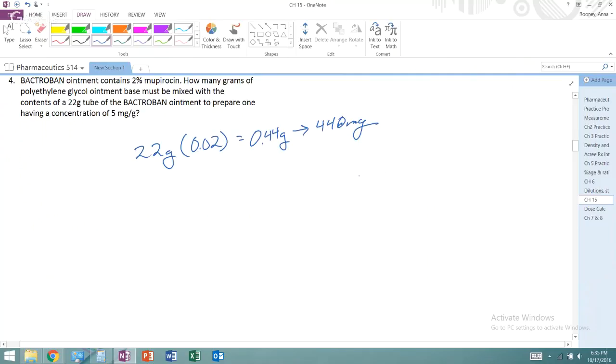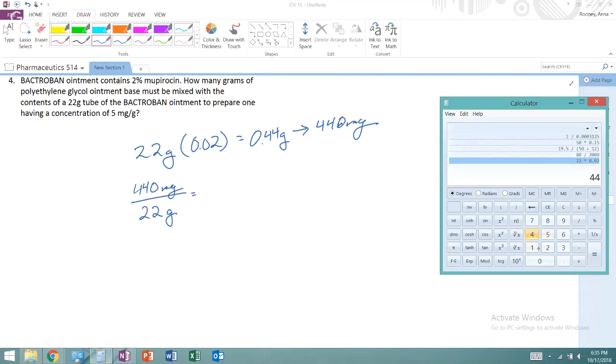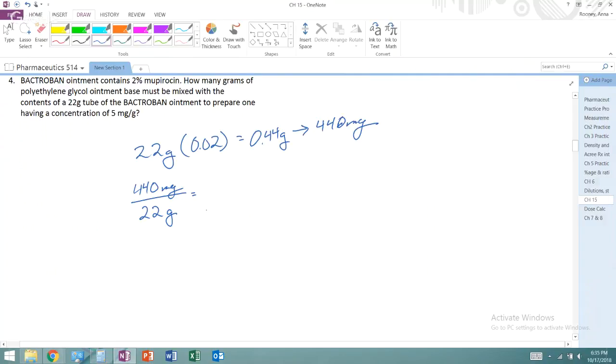So then take 440 milligrams divided by 22 grams. That is 20 milligrams per gram.